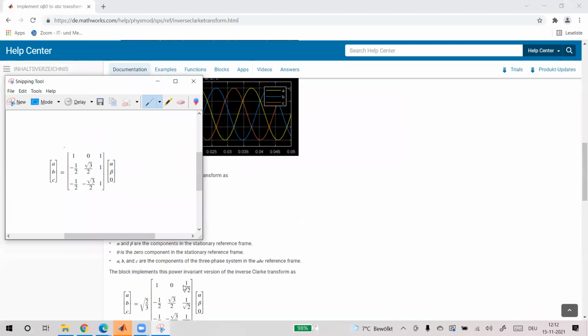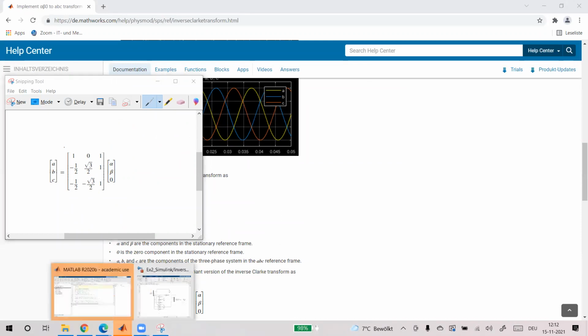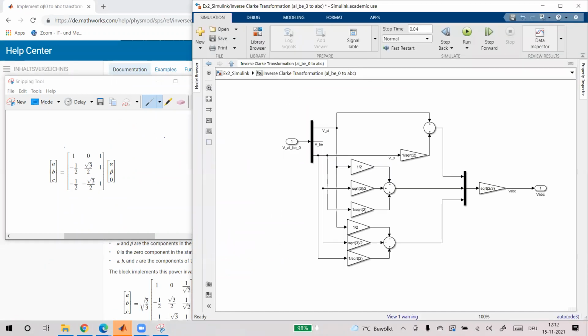The below one is for the power invariant version. You know the Clarke transformation. If you do the inverse, you should get this one. So it is just a matter of the gain. This should be just 1, 3/2, then 1.